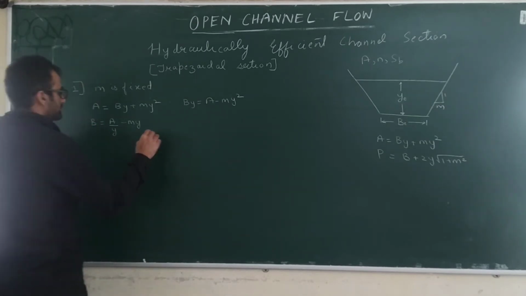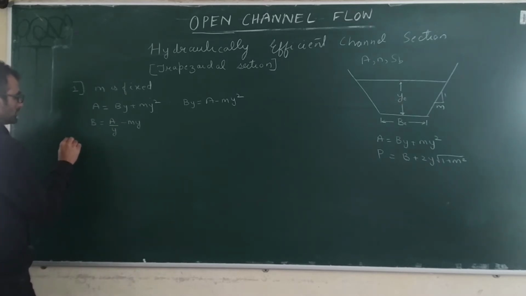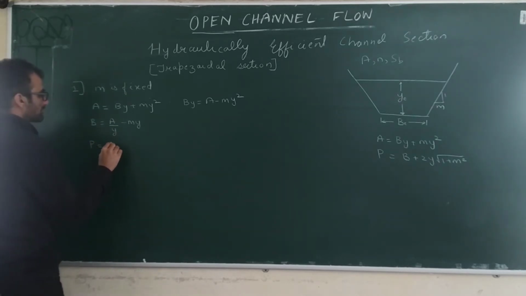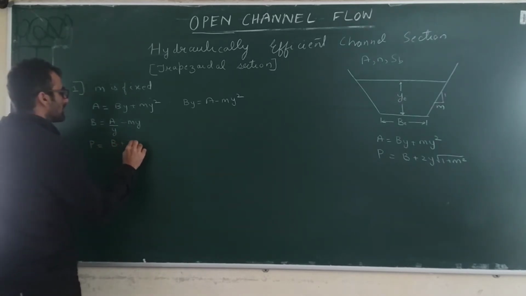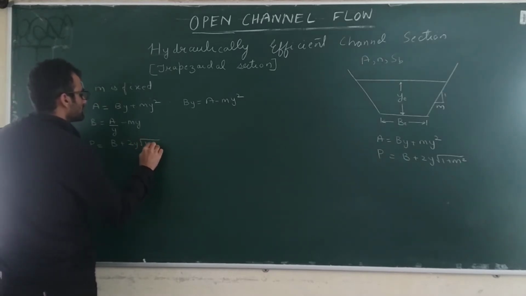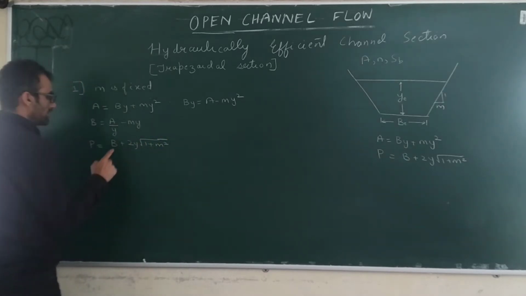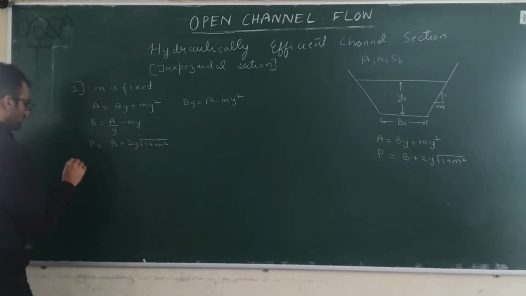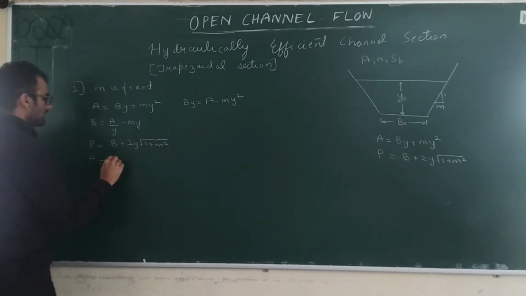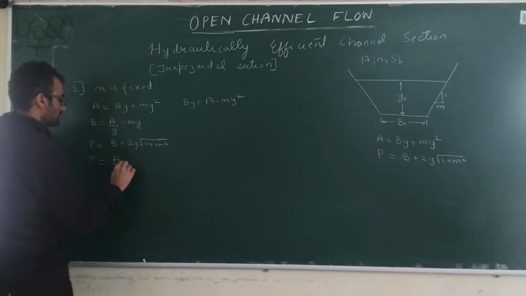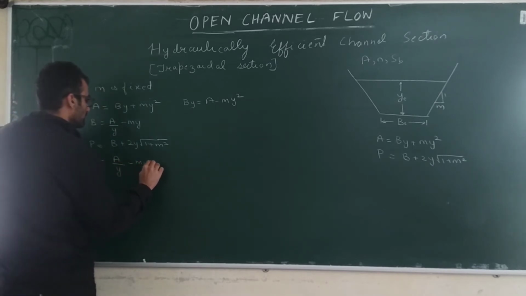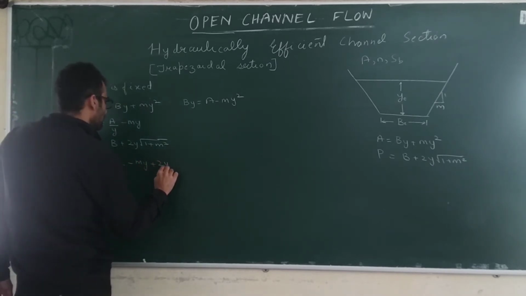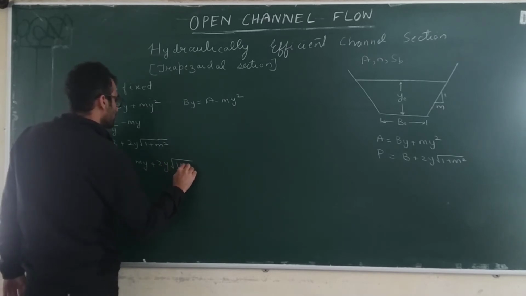Now you have perimeter equal to b plus twice y under root 1 plus m square. So in place of b just put this expression. Therefore p will be equal to a by y minus my plus twice y under root 1 plus m square.